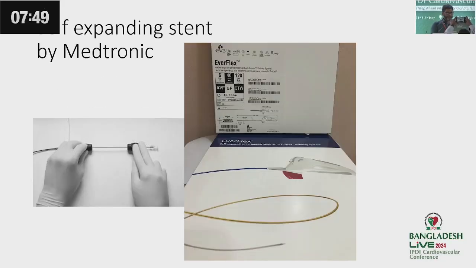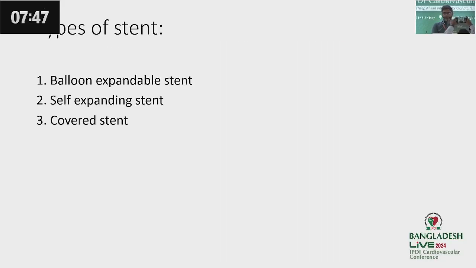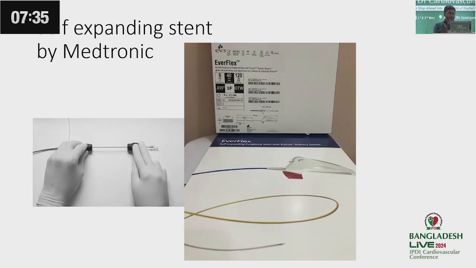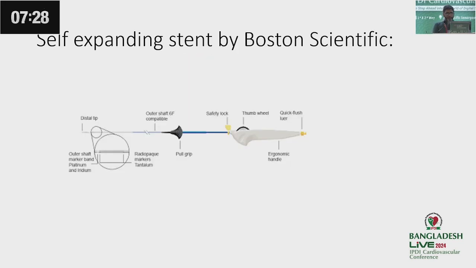These types of stents, the balloon expandable stent, self-expanding stent, and covered stent, were all discussed by my previous speaker, Dr. Jebhai. This is the self-expanding stent. We are mostly using the Medtronic one. Also, we use Boston Scientific stent.